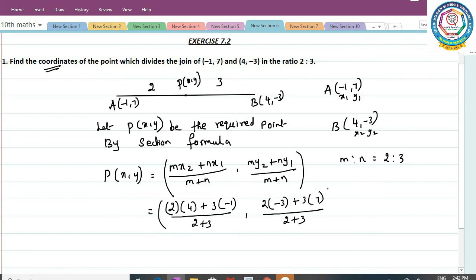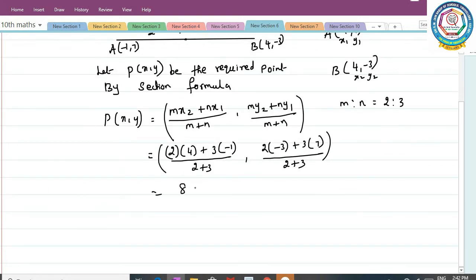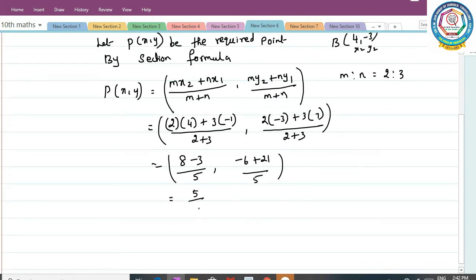So we have to simplify this. Next step, 2 fours are 8, minus 3, by 5, comma, minus 6 plus 21, by 5. If you simplify, 8 minus 3 is 5, so 5 by 5, comma, minus 6 plus 21 is 15, 15 by 5.